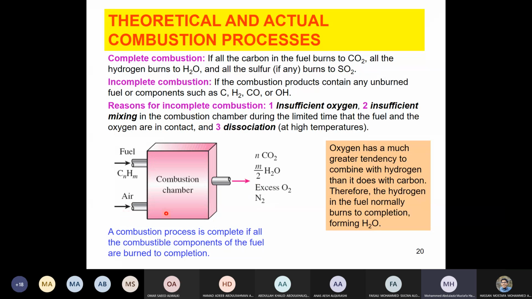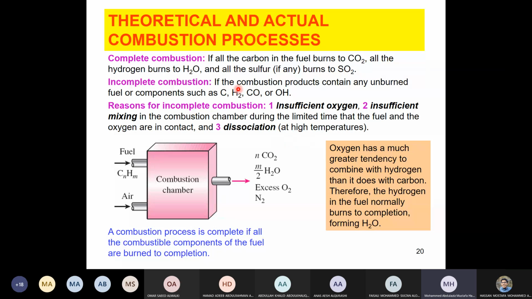Of course, also in real life, sometimes we find unburned fuel. So let us go through this. This is complete combustion. Complete combustion means that all carbon in the fuel burns to CO2, all hydrogen burns to H2O, and all sulfur, if any, burns to SO2. Means that we have no chance for any fuel to appear in the products.